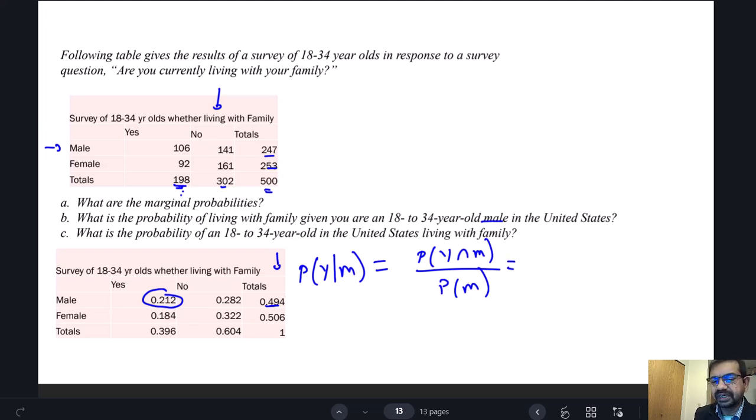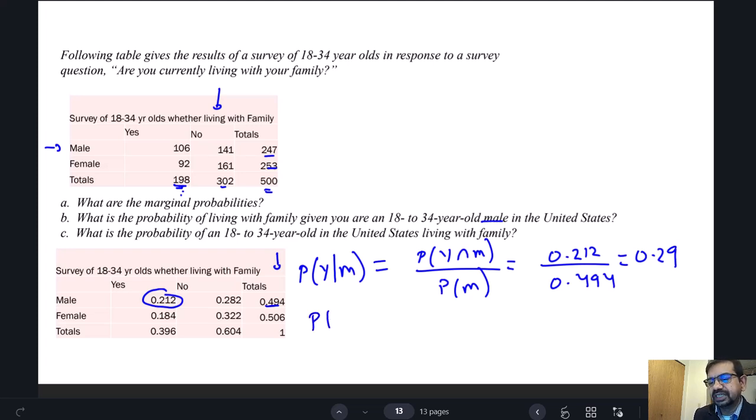This is given by 0.212 divided by 0.494. And this equals 0.29. So the probability that someone is staying with their family, given they're male, is given by that.